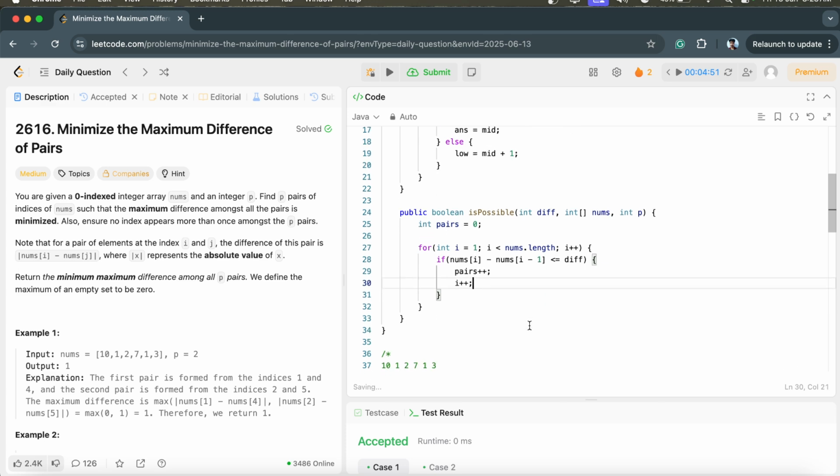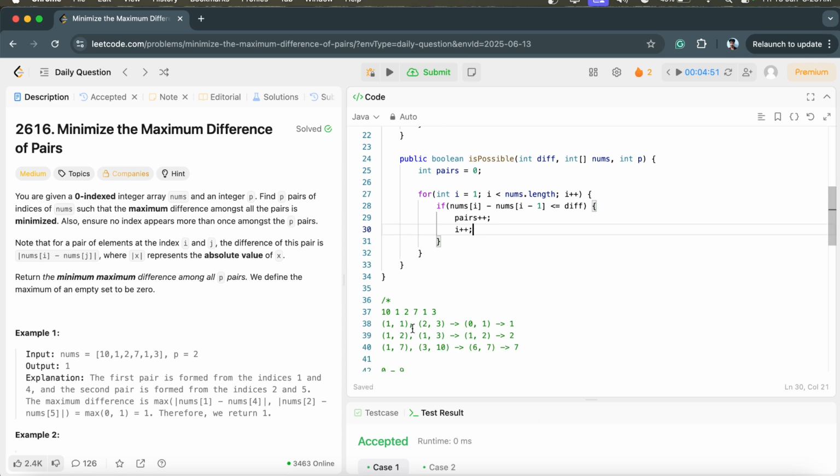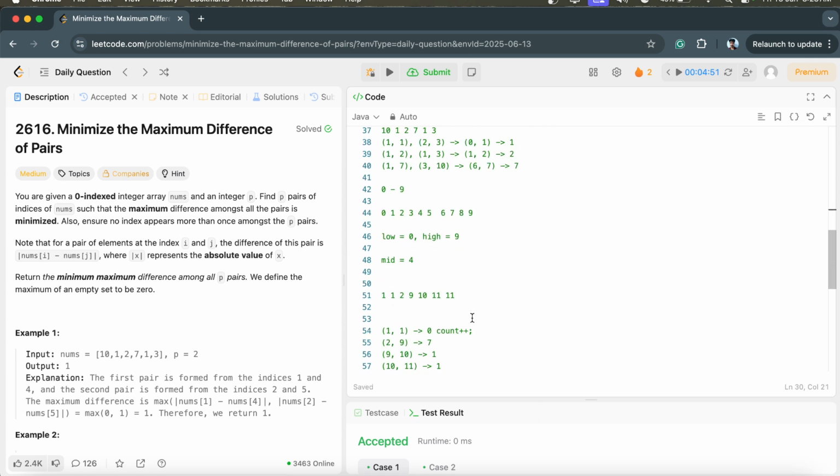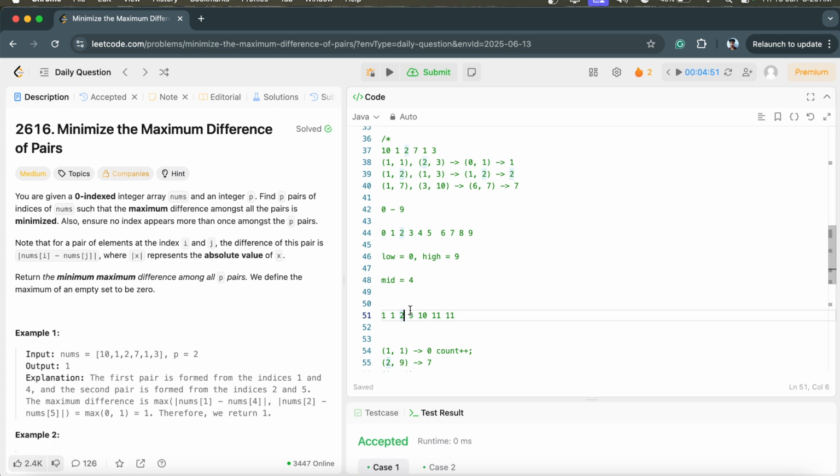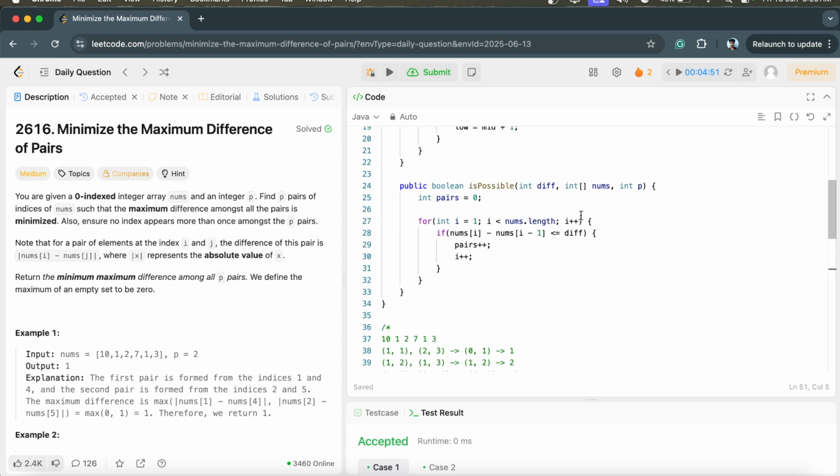So 2 times i will get incremented. If this pair is satisfying, currently i is pointing to this one, next i is basically pointing here, but again for this also that if condition will run, right? So I have to skip this particular index, so the pointer will point to here, so that we can look into these pairs, because i will get incremented 2 times, here as well as in this loop.